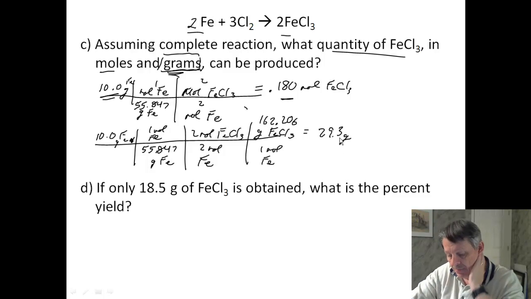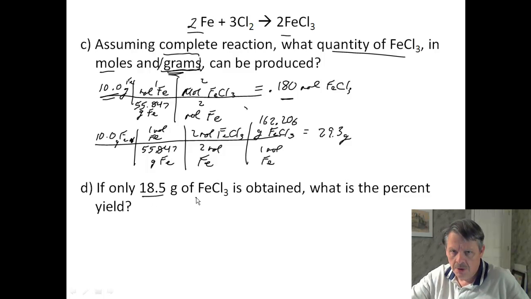Now it says, what happens if only a certain amount of FeCl3 is obtained? Well, I expected 29.3 grams, but I only got 18.5 grams.